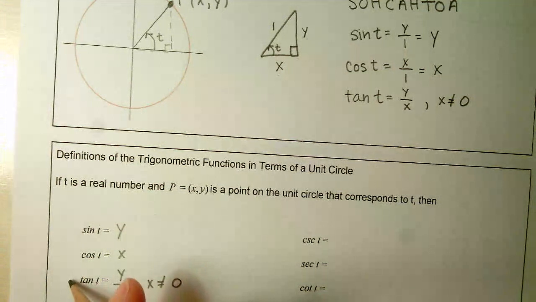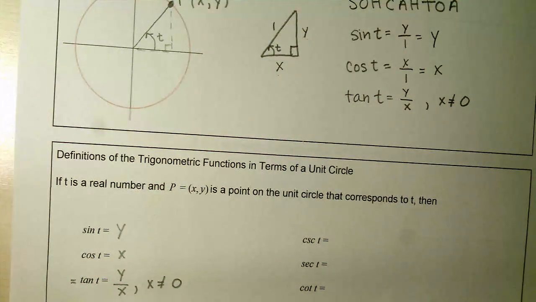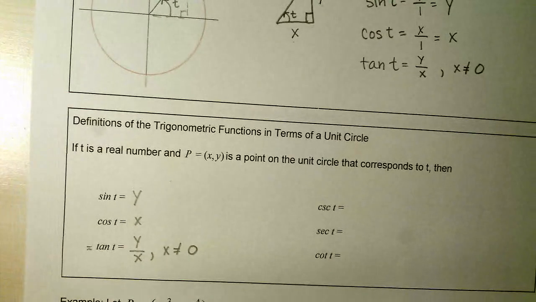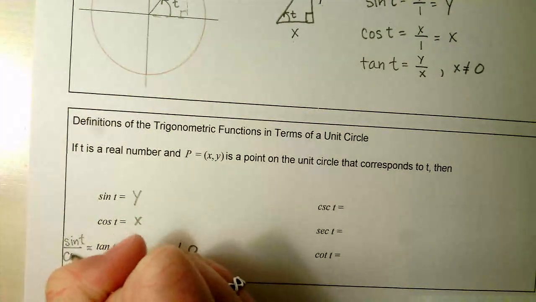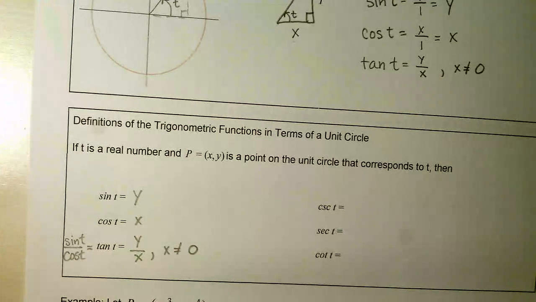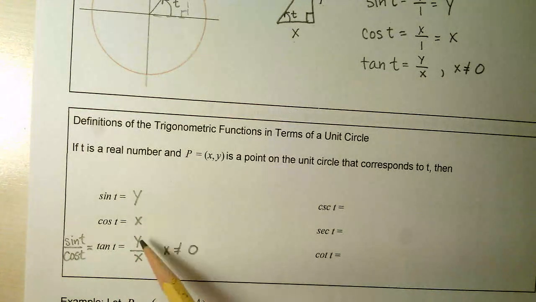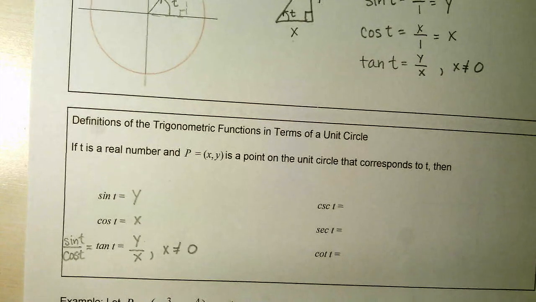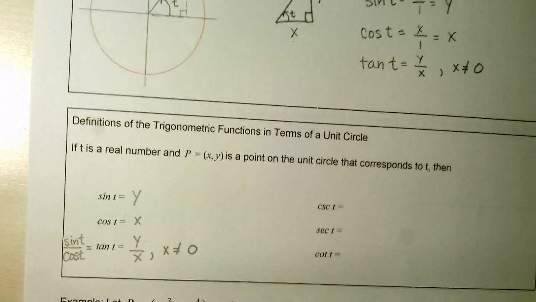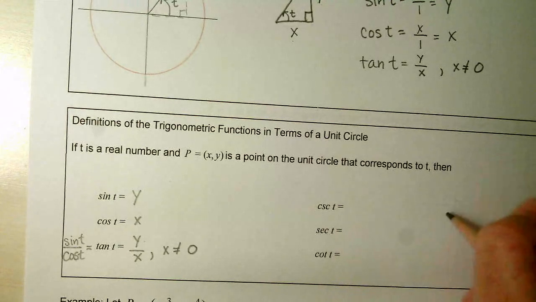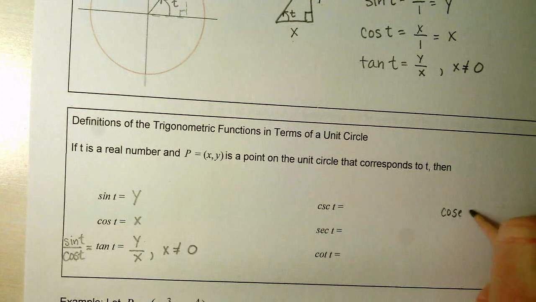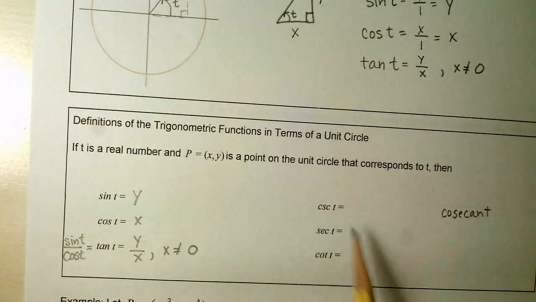I am hoping that you also remember from geometry that the tangent is defined as the sine of t over the cosine of t. So it would also make sense: the sine of t is y, the cosine of t is x. I believe that the next 3 functions are going to be new for a lot of you. This is the cosecant, abbreviated CSC.